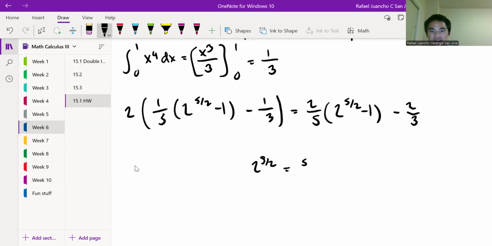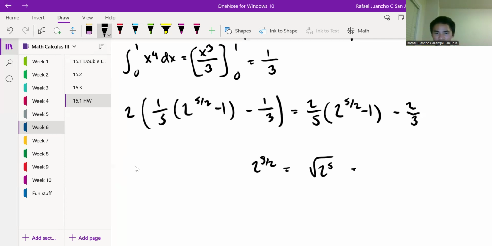2 to the 5 halves is the same as 5 to the 2, right? Or, my bad. I meant, wait. Oh, it's this one. This one that's the inner. 2 to the 5th is what?